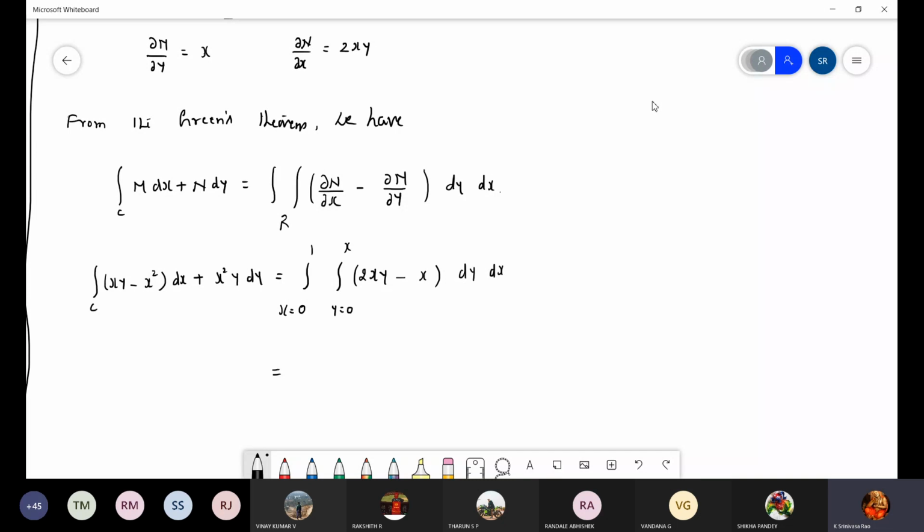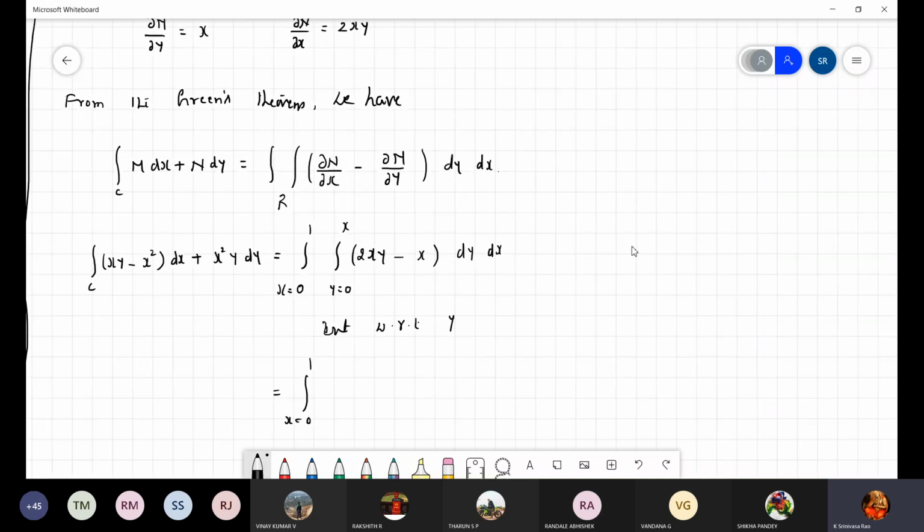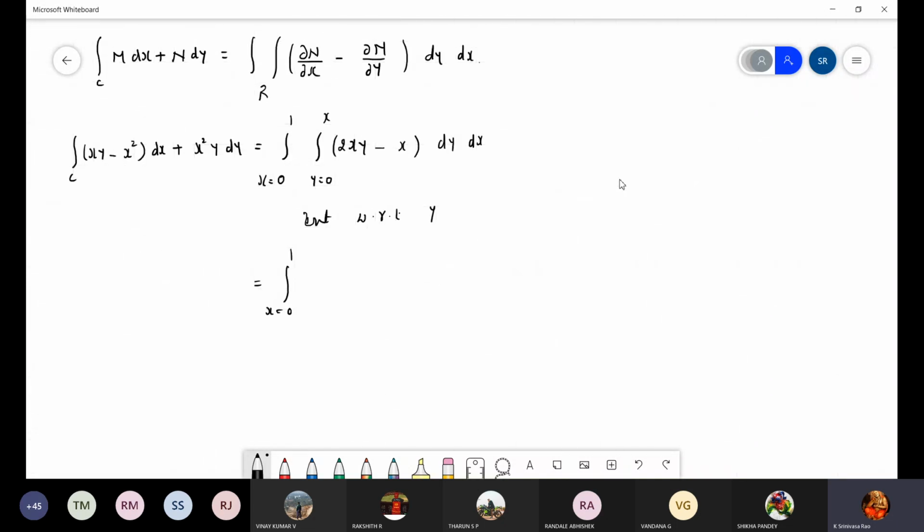We'll integrate step by step. First integrate with respect to y, and you will get one outer integral, x equals 0 to 1, written as it is. What is the integration of 2xy with respect to y?